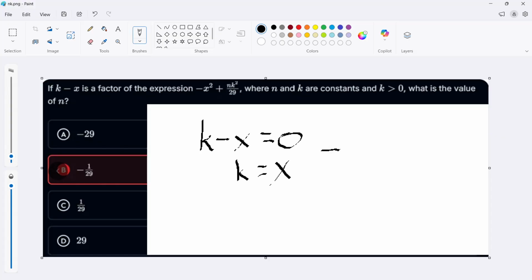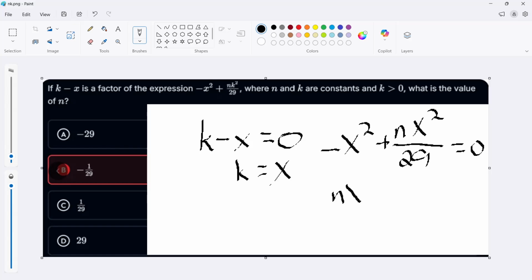And I'm going to rewrite this. Negative x squared plus nx squared, because k equals x, divided by 29, and I will write equals 0. So now I'll add x squared to both sides. nx squared over 29 equals x squared.